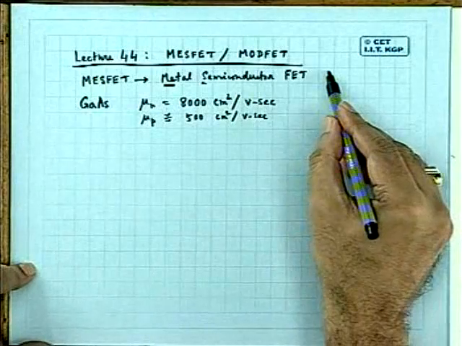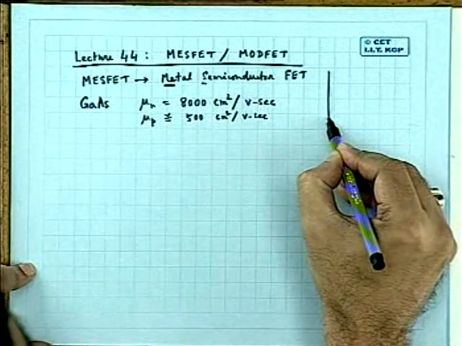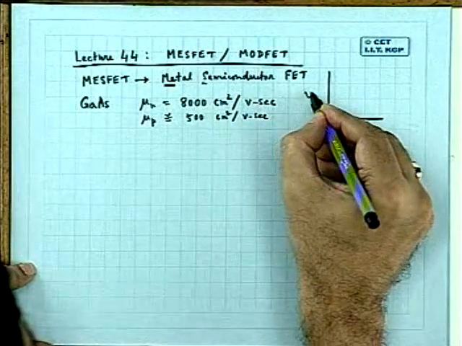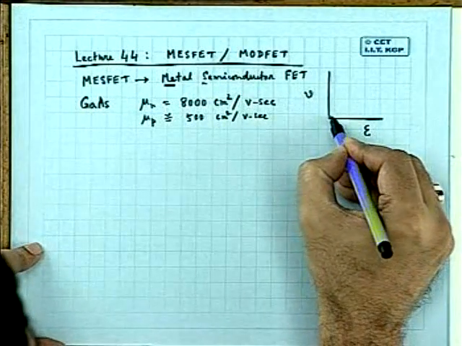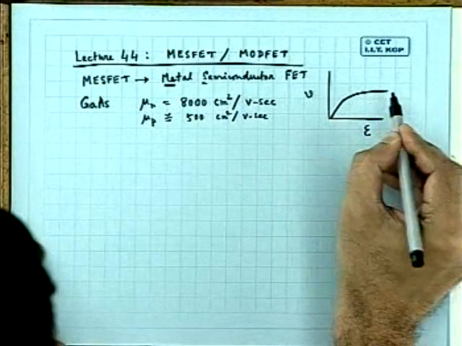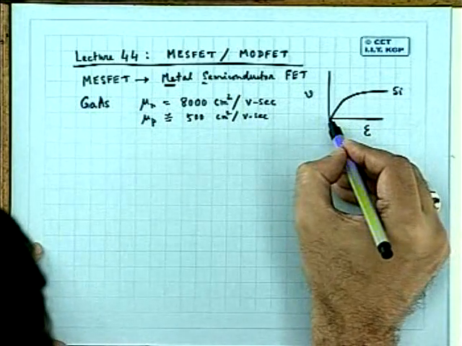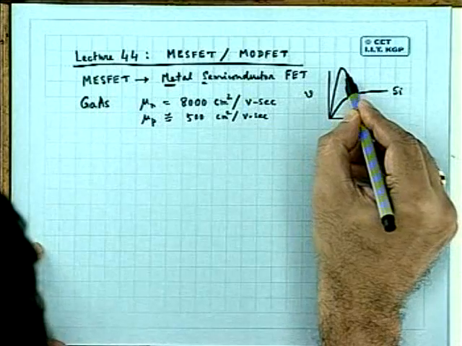But I have mentioned earlier in my previous classes that when you plot the velocity versus electric field, for silicon the curve is like this, for gallium arsenide the curve is like this.